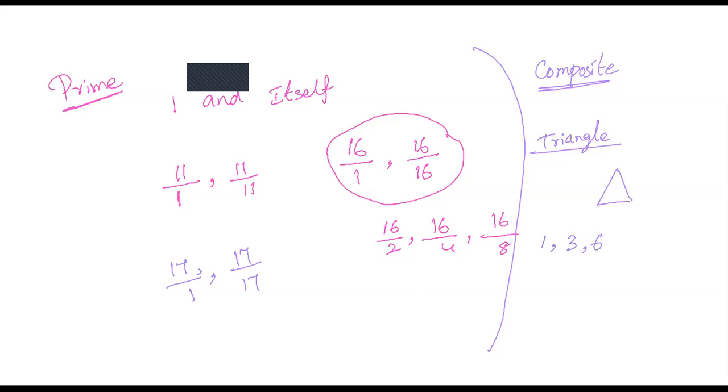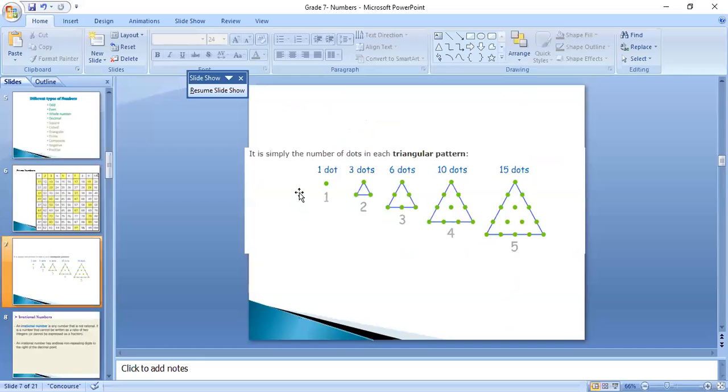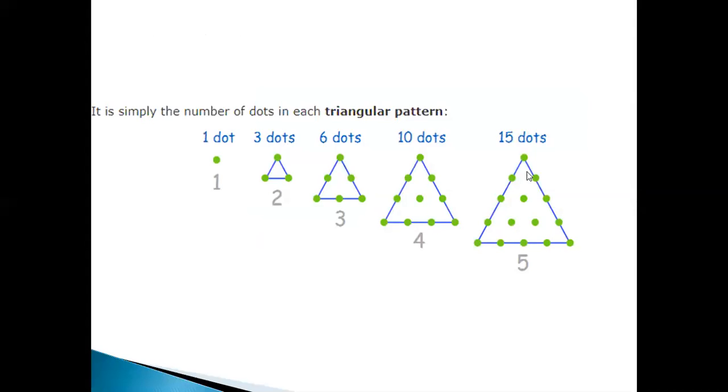Yeah, here it is. So these are the triangular numbers.